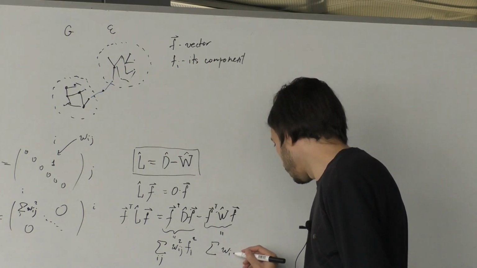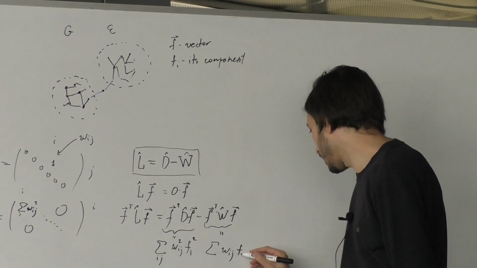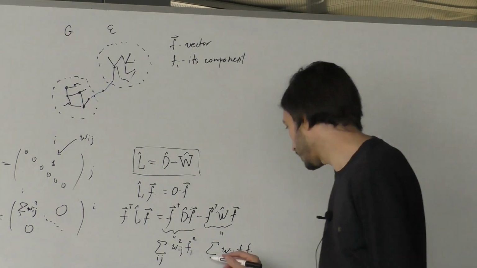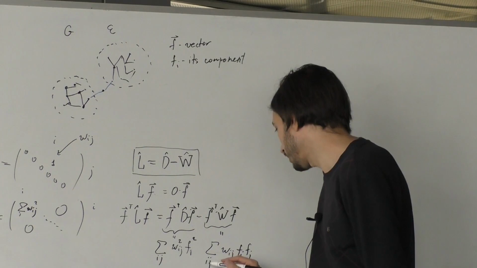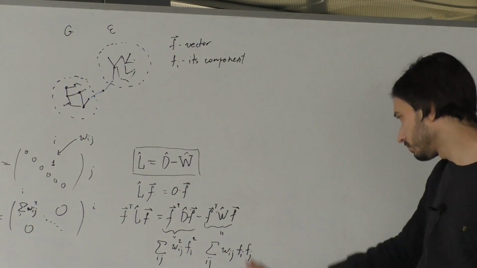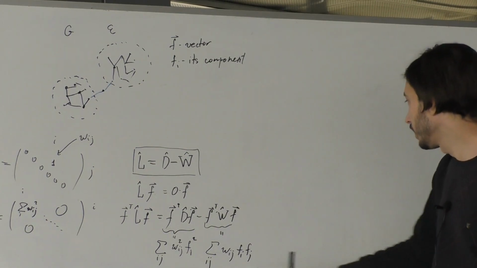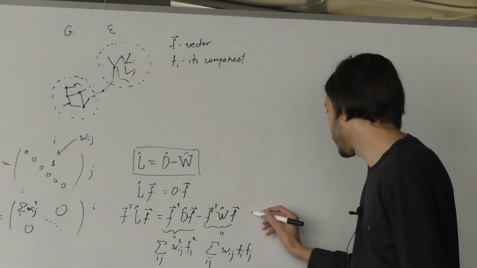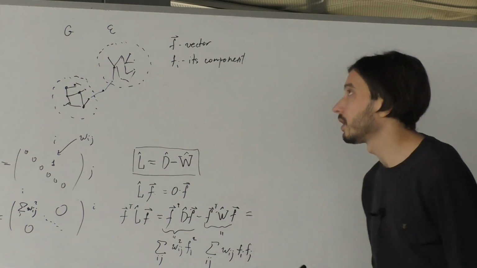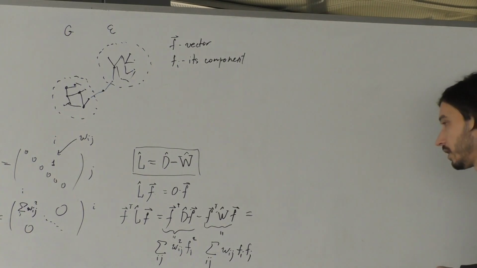Once again, I get w_ij, and I will get here f component i, f component j, sum over i and j. Well, looks pretty reasonable. Now let's do a few more transformations, and we'll see what we can get out of here.